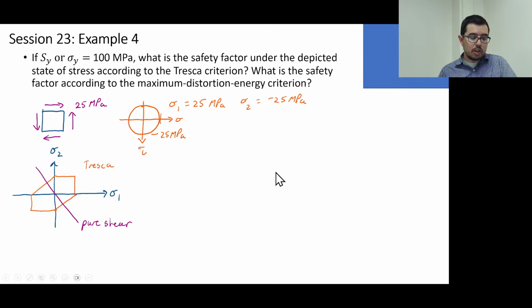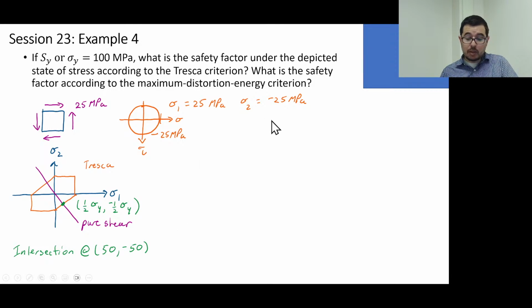And this is a pure shear, right? So now we know that we're going to be at 1/2 sigma y, comma minus 1/2 sigma y. And if it's pure shear, we're moving along this line. The intersection of these is going to be at 50, comma negative 50, down here.